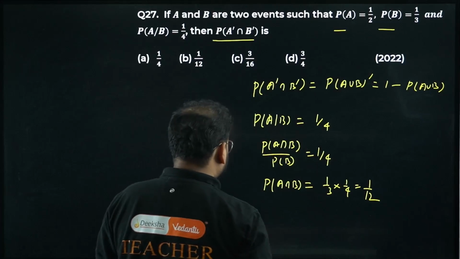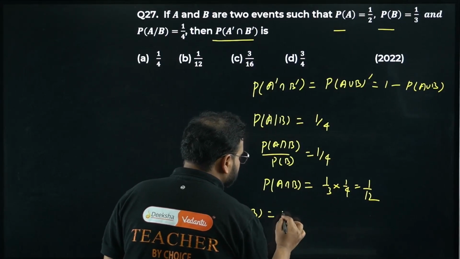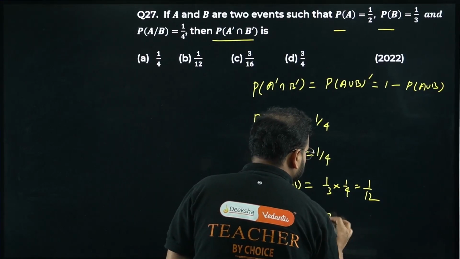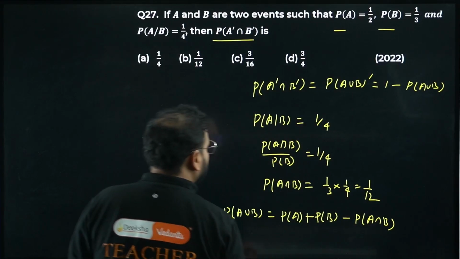Now I can find the union value. P(A ∪ B) is equal to P(A) plus P(B) minus P(A ∩ B). We have the values now.